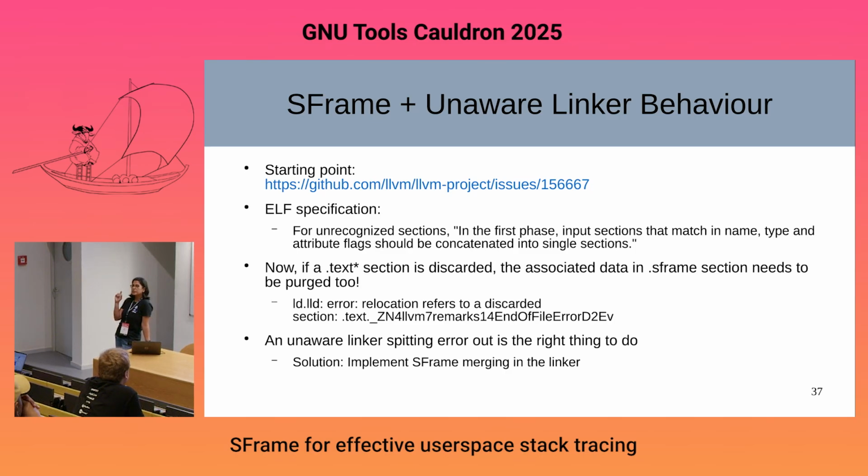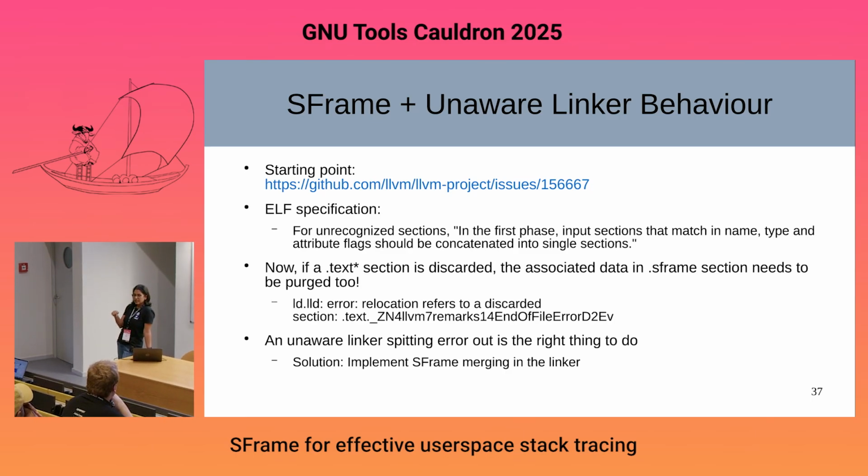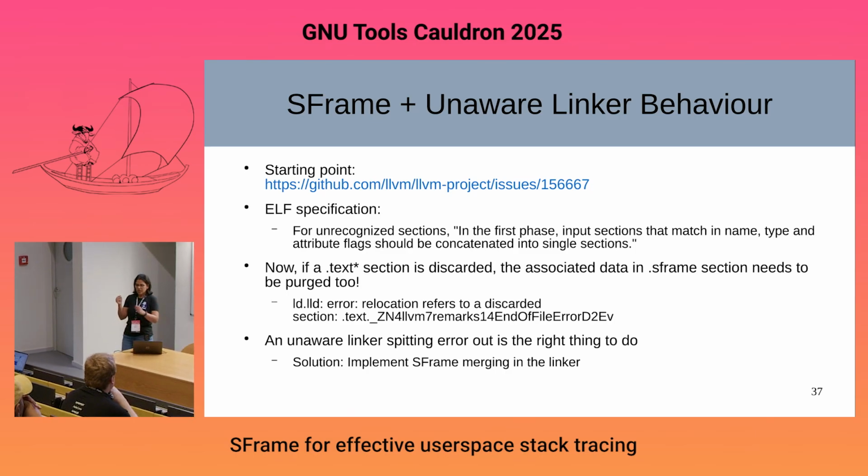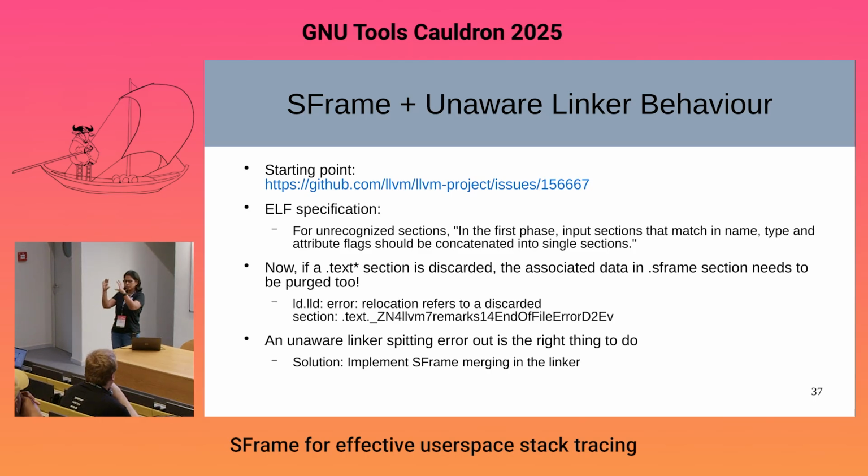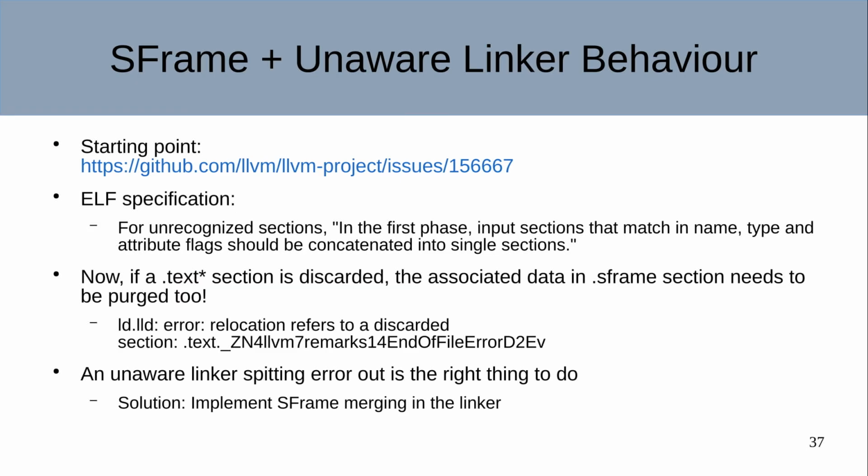This is an issue where you're building LLVM with an assembler which generates SFrame sections, but LLVM is then using LLD, the LLD linker, to link these objects. LLD at the moment is an SFrame-unaware linker. So fundamentally the problem is this: if the linker sees two text sections providing a definition of a symbol, the linker sees that it needs to pick one definition, and it picks it.